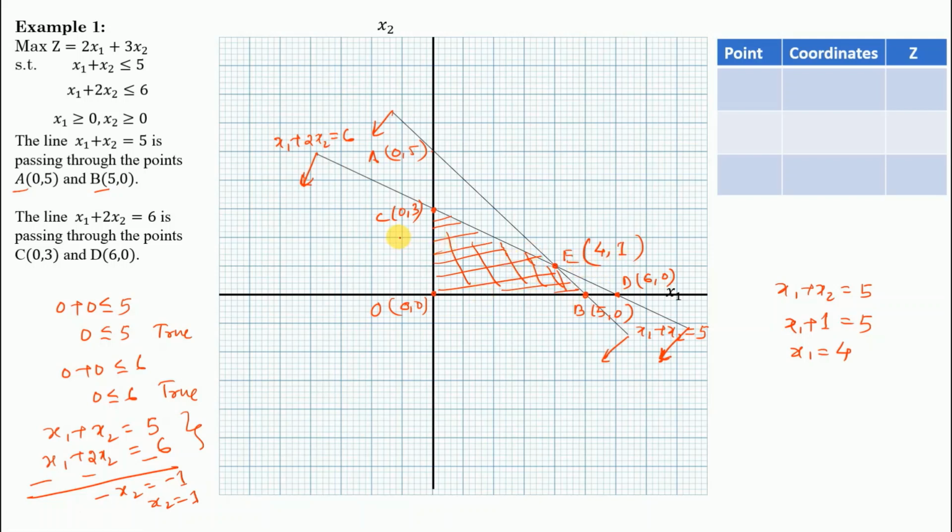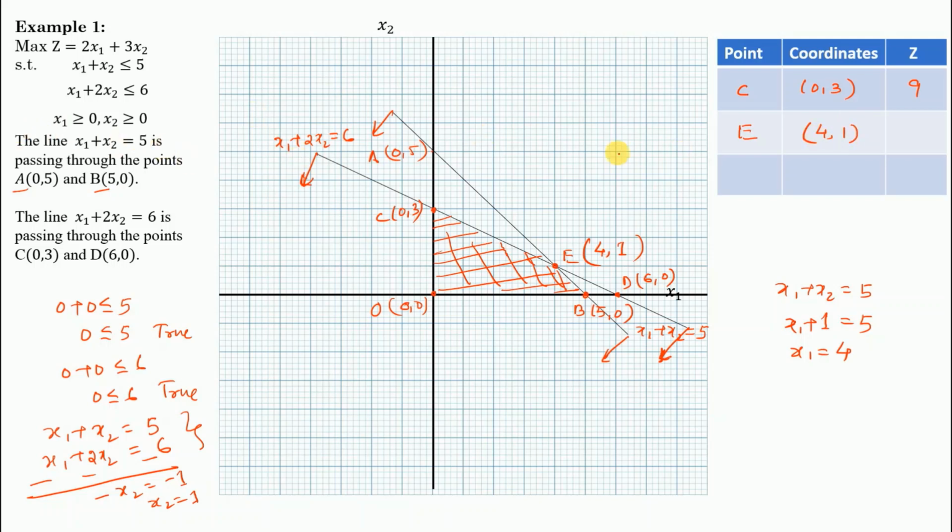Now we have three corner points, C, E and B. For each corner point we find z. Start with point C. The coordinates are 0, 3, and z is 2x1 plus 3x2, so 0 plus 3 into 3, which is 9. Now at point E, the coordinates are 4 comma 1.